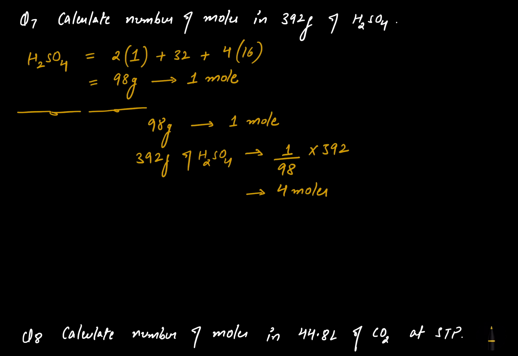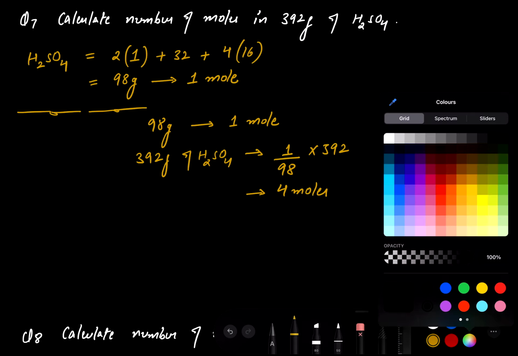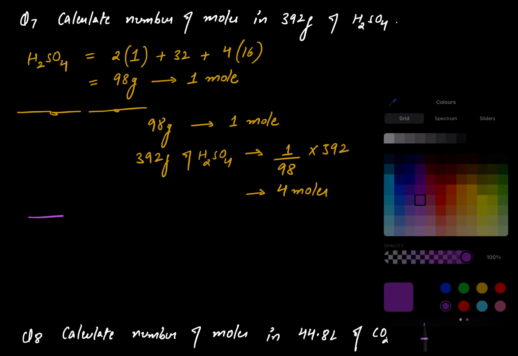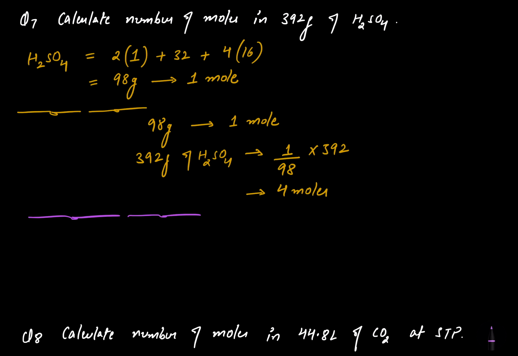I have one more method for this type of question. I'm writing: if you are having any question of calculating the moles, the number of moles is equal to the given weight in the question divided by molecular weight. What was the given weight over here?